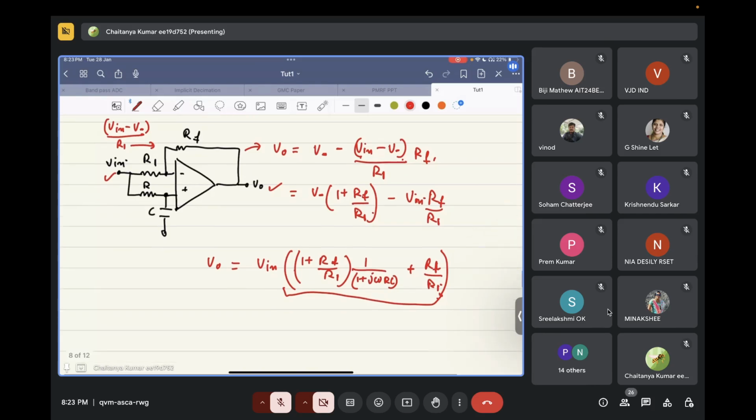And what will happen? What will be the highest phase that this thing can go to? Minus pi, I guess. Are you sure? 90 degrees.